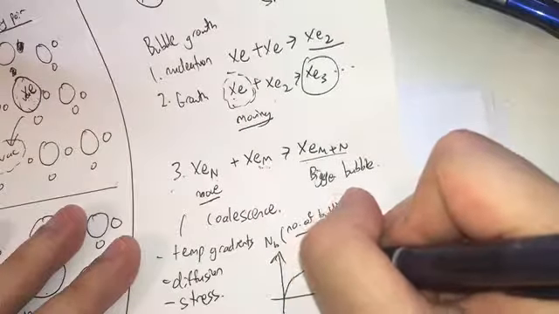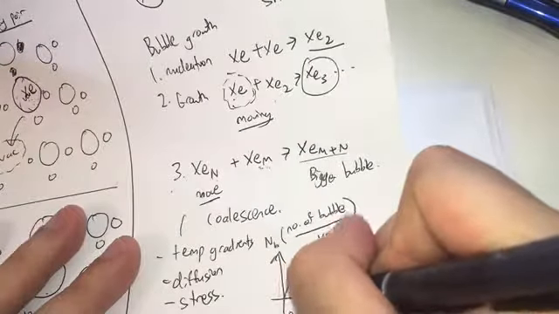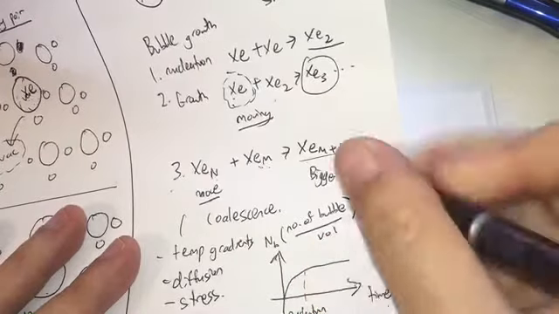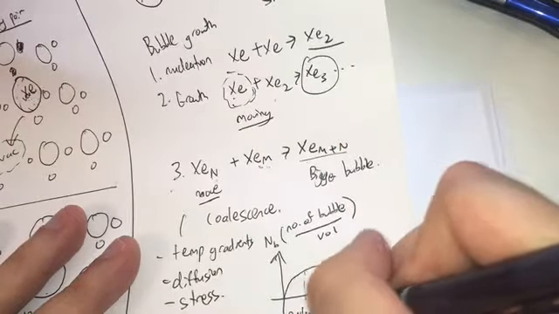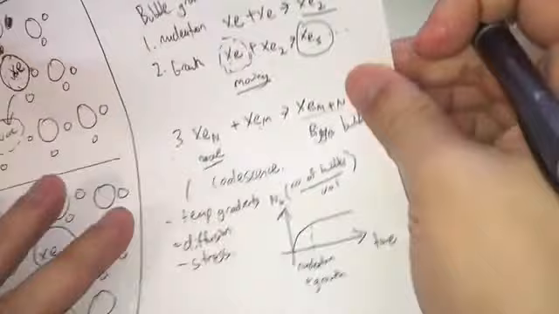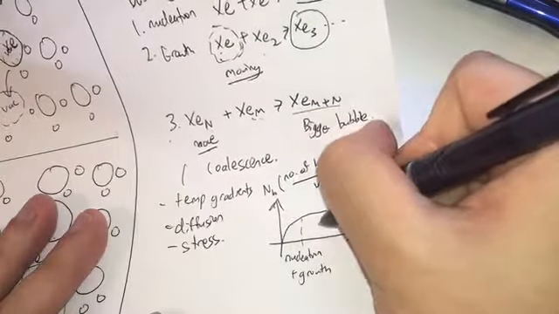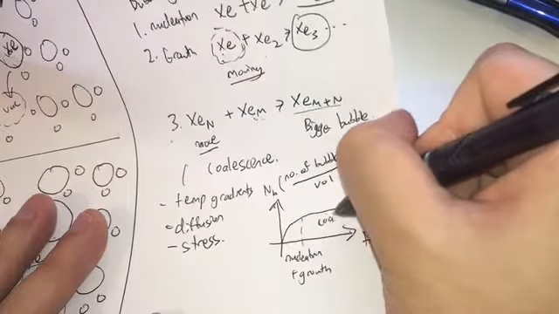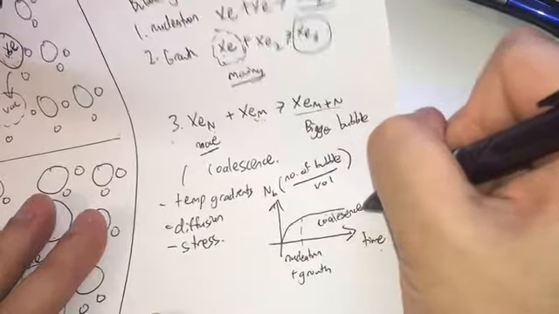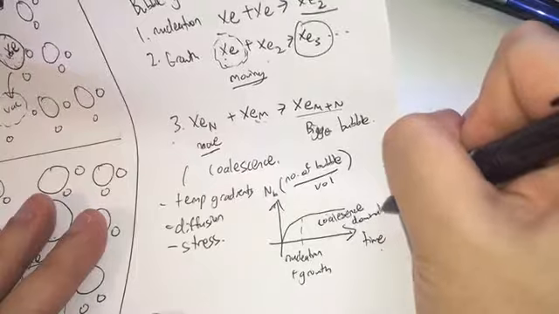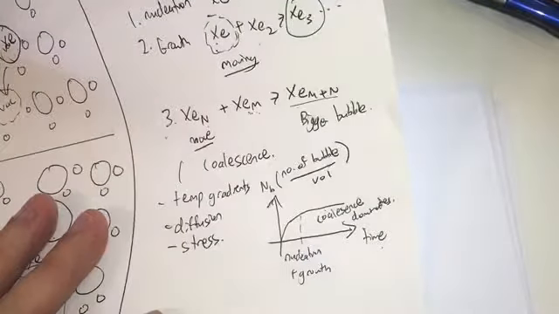At this stage, there's the nucleation and growth phase. But after it bottoms out, it flattens out, coalescence dominates. So these bubbles will start to grow bigger and bigger after a while.